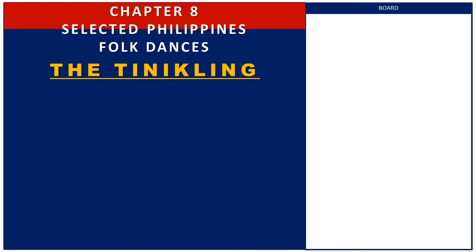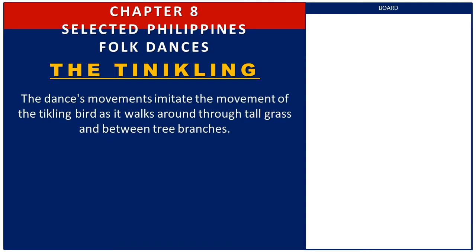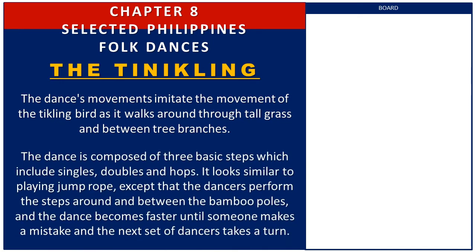Next is the tinikling. The tinikling is considered by many to be the Philippines' national dance. The dance's movements imitate the movements of the tikling bird as it walks around through tall grass and between tree branches. People perform the dance using bamboo poles. And also the dance is composed of three basic steps which include singles, doubles, and hops.